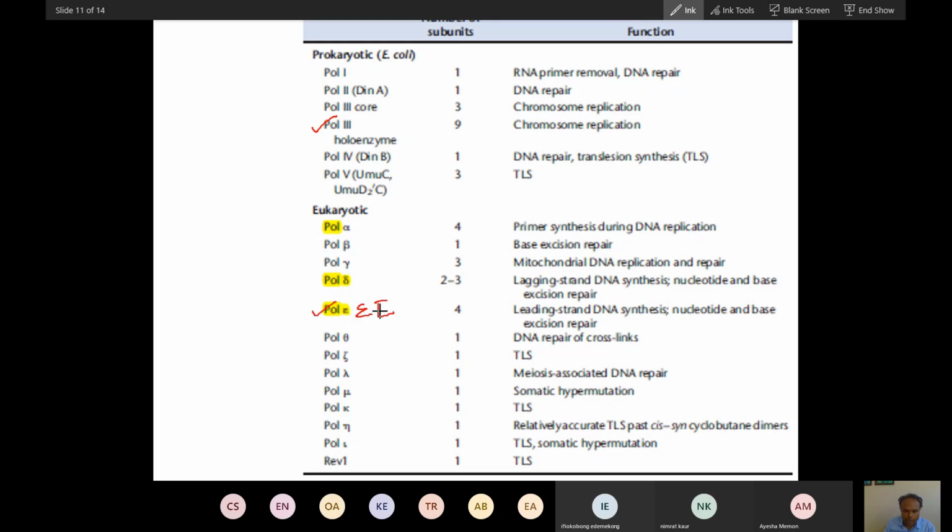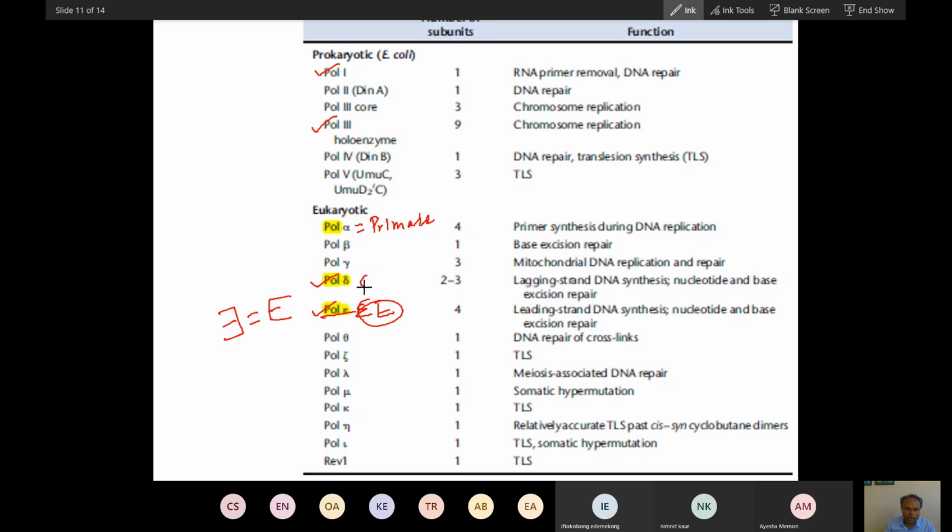You can remember E is 3: epsilon is equivalent to DNA polymerase 3.